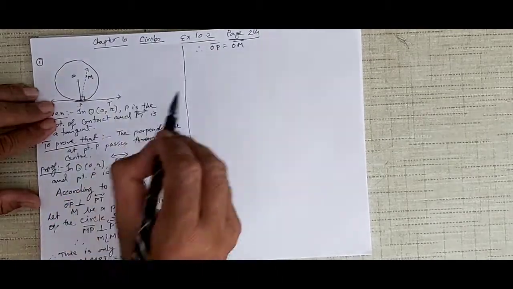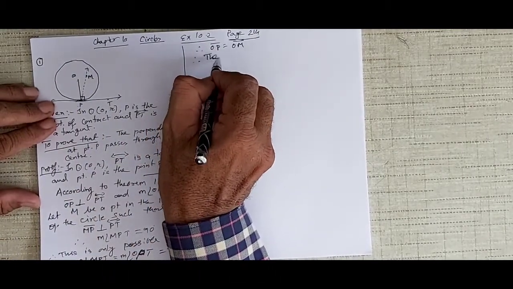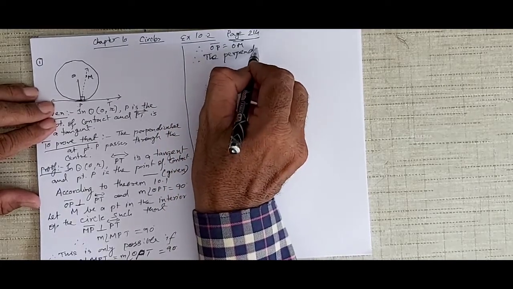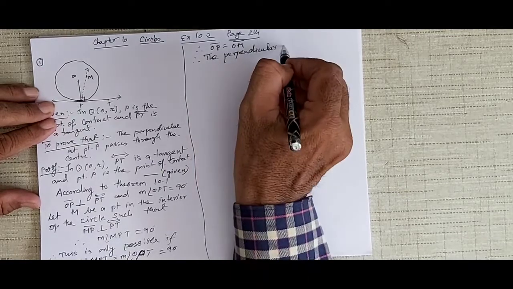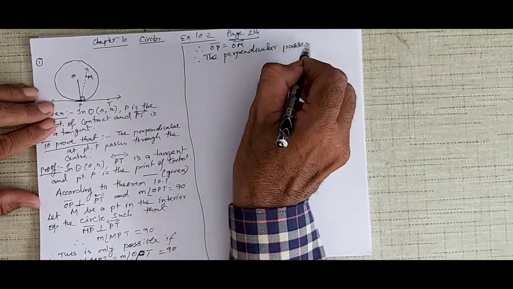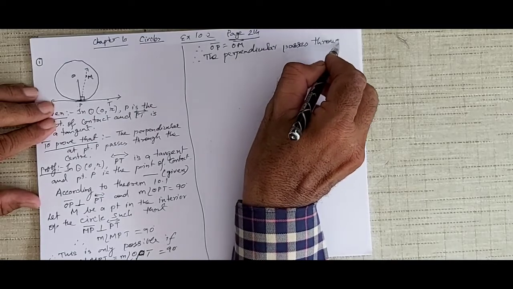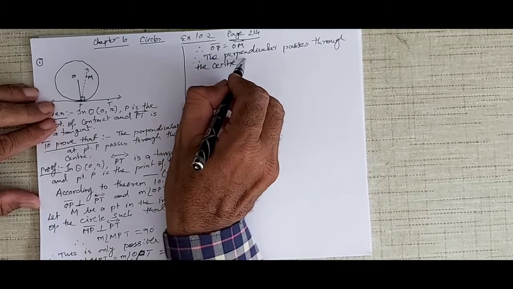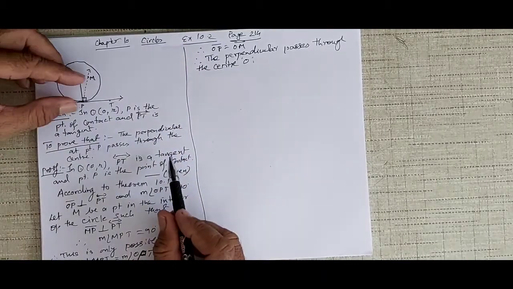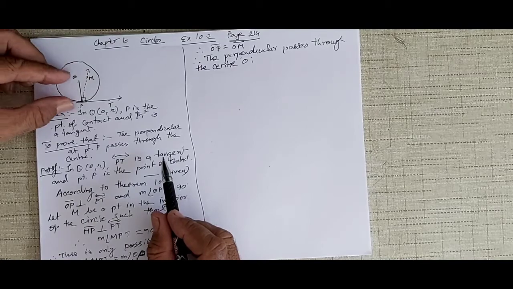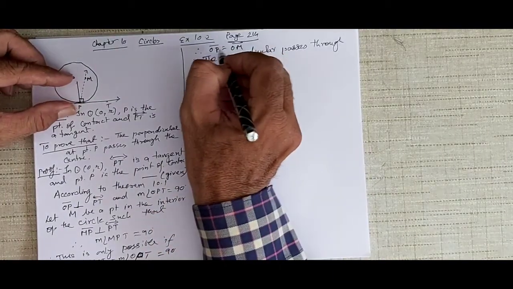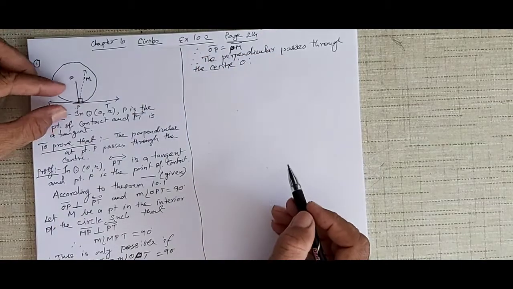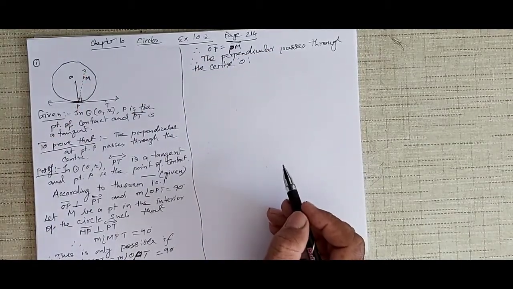In other words, what can you say? That the perpendicular passes through the center O. Remember this, that OP and MP must be the same lines.